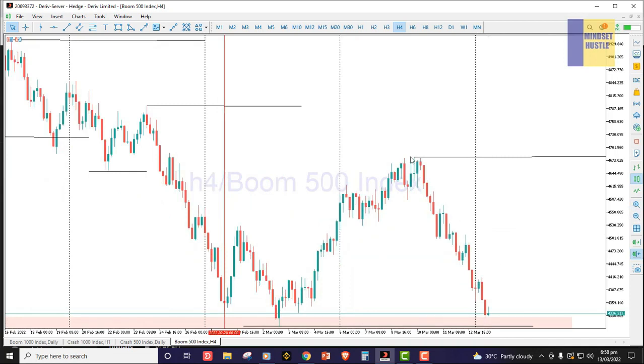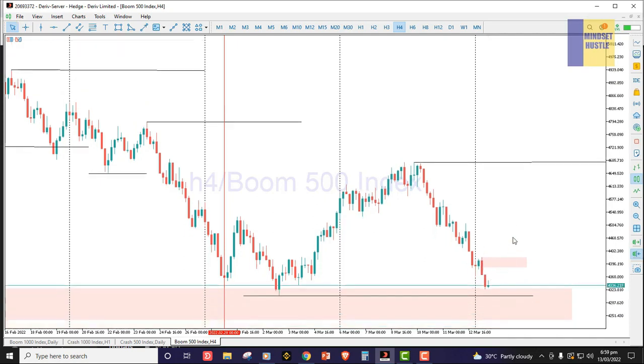Also, we have an H4 supply here. Now if this supply is respected and we don't break through it, then we can still trade a sell on Boom 500.